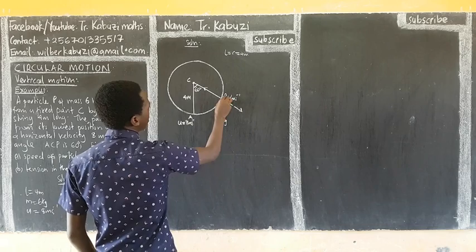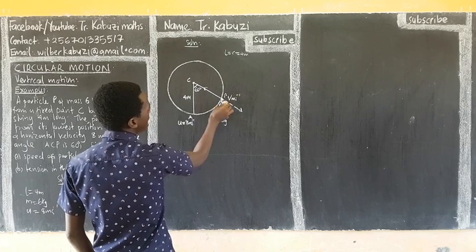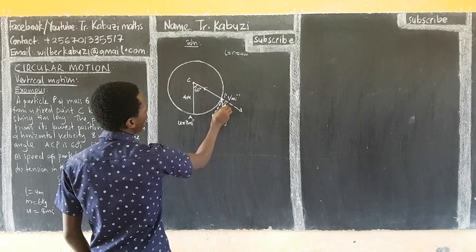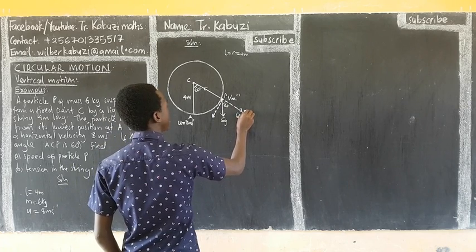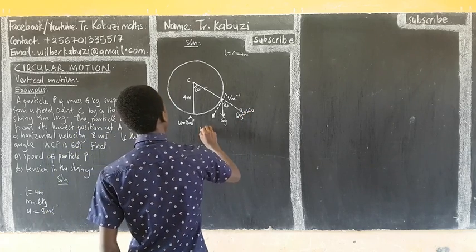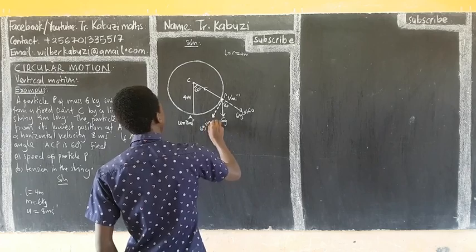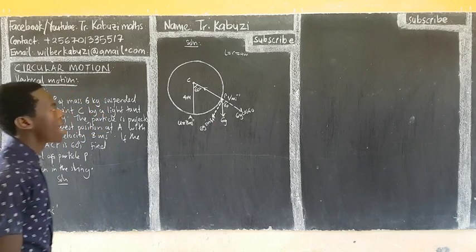The angle is going to be the same angle there as 60. So this is going to be 6g cos 60, then this is going to be 6g sine 60 degrees. So that's the case we are having.